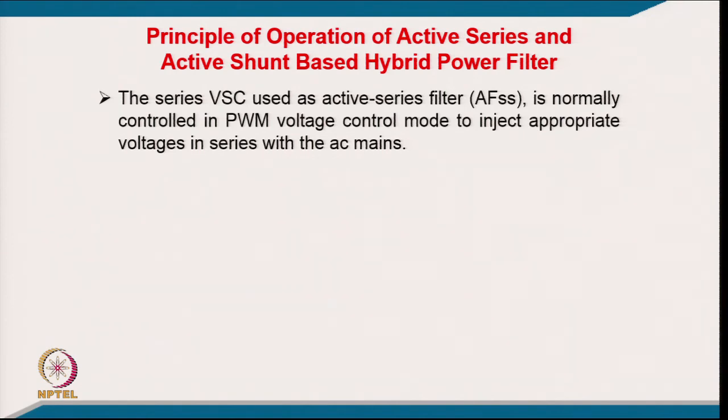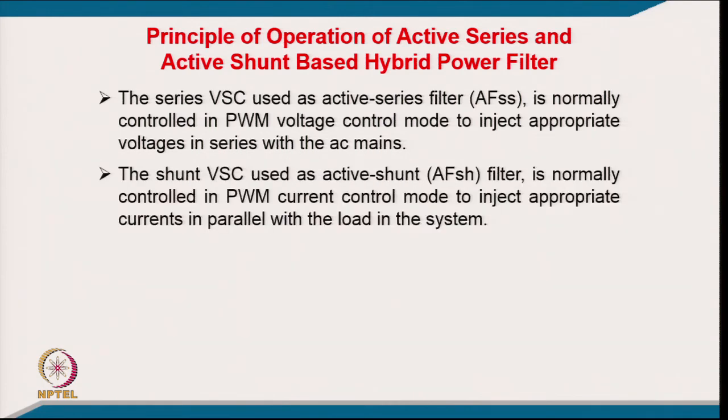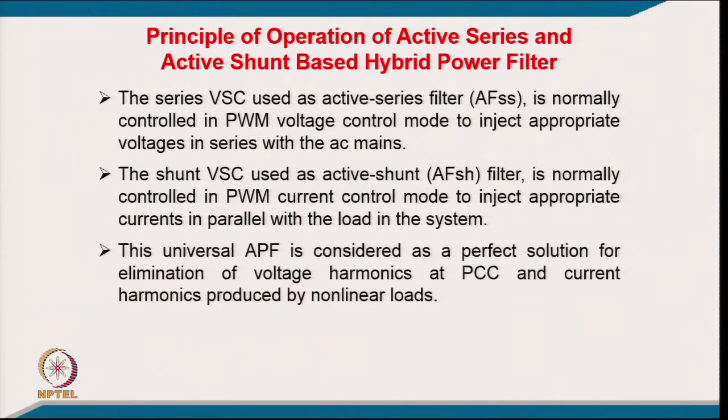The series voltage source converter is used as the active series filter, normally denoted AFSS, and is controlled in PWM voltage control mode to inject the appropriate voltage in series with the AC mains, and the shunt voltage source converter is used as the active shunt filter, we call it the AFSH filter, and is normally controlled in PWM current control mode to inject the appropriate current in parallel with the load in the system.